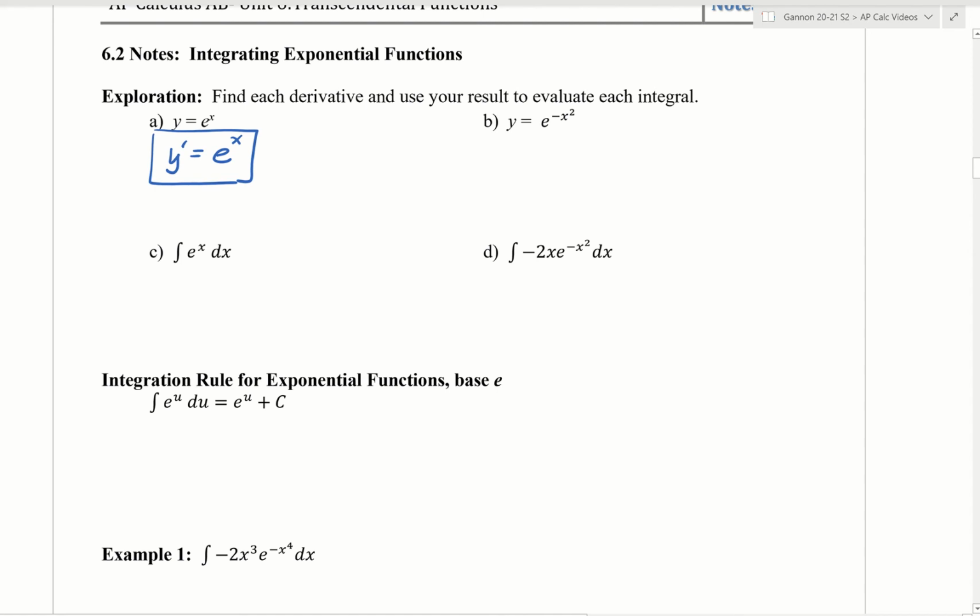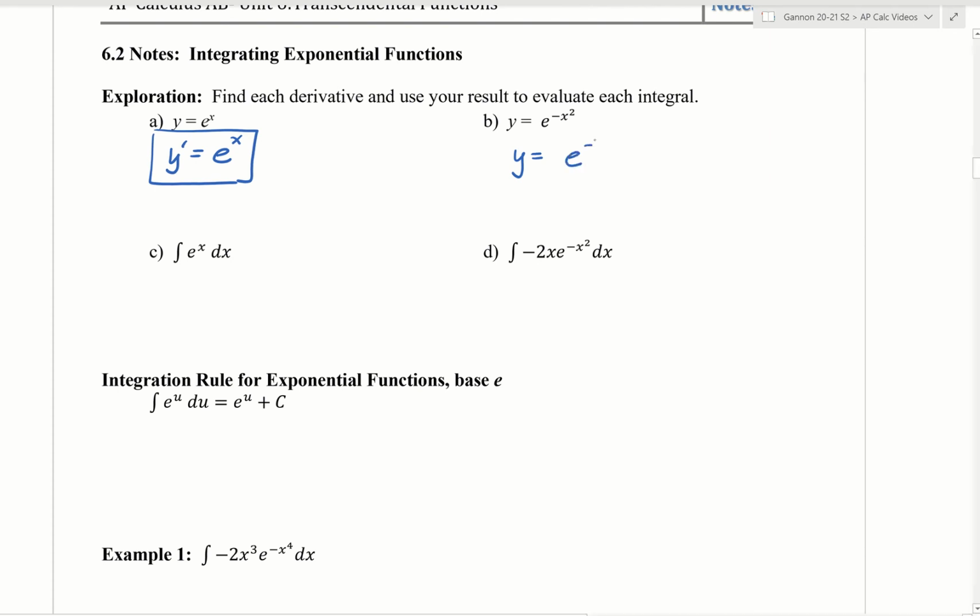Now, if we were going to do the same thing for part B, you want to always make sure you recognize that there's an inner function here, so we're thinking chain rule. Anytime you take the derivative of e, you're going to start with the function.